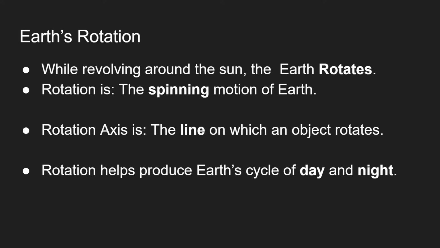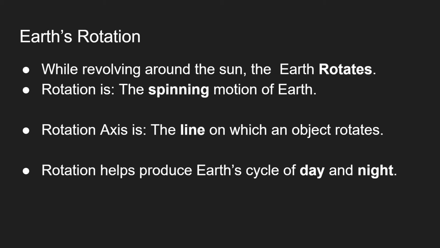One half of the day, the Earth is facing the sun. The other half of the day, the Earth is facing away from the sun. And because of that, we get night and day. As I already said, while revolving around the sun, the Earth is spinning or rotating. Rotation is the spinning motion of Earth.